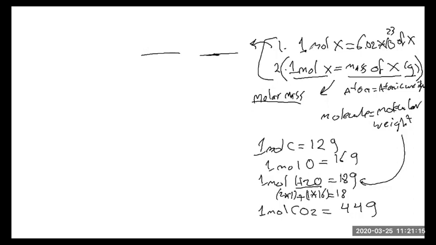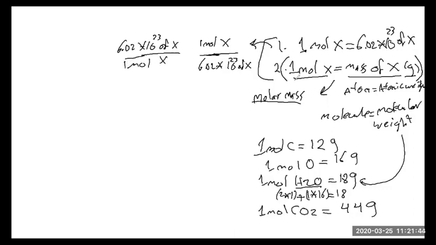So here, I can say 1 mole X divided by 6.02 times 10 to the power 23 of X. Or you can flip it also, because we will deal with it as a conversion factor. I can say 6.02 times 10 to the power 23 of X divided by 1 mole X.